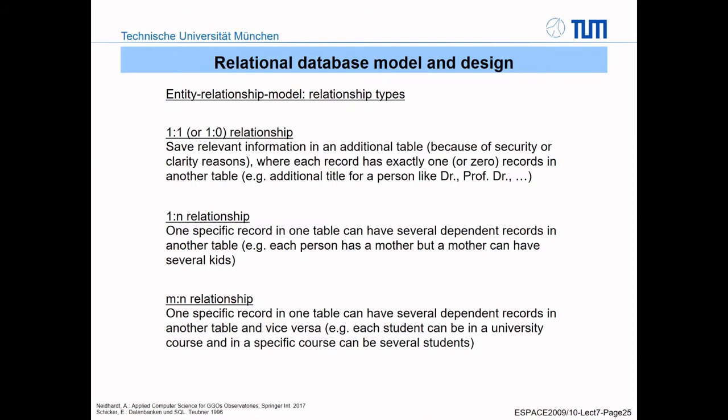This m-to-n relationship is the only relationship where you have an additional table where you combine two foreign keys pointing to primary keys in other tables to a new scenario. So for example, a student can be in different university courses, and different university courses can have different students. So you have this combination of NM.